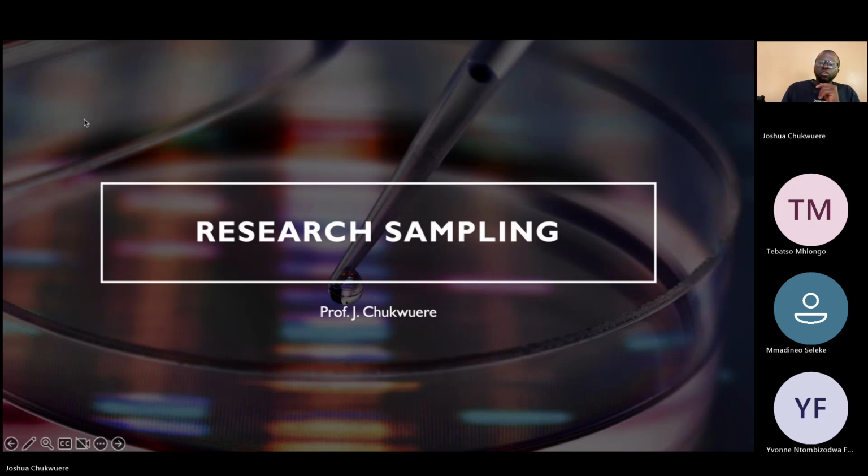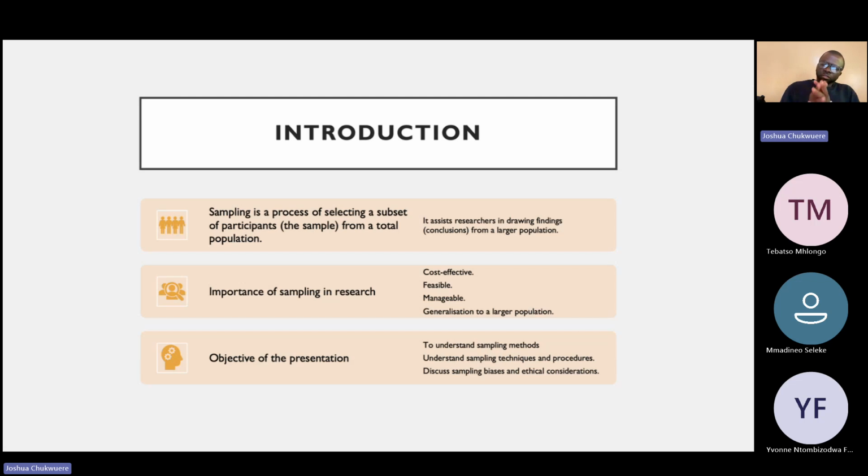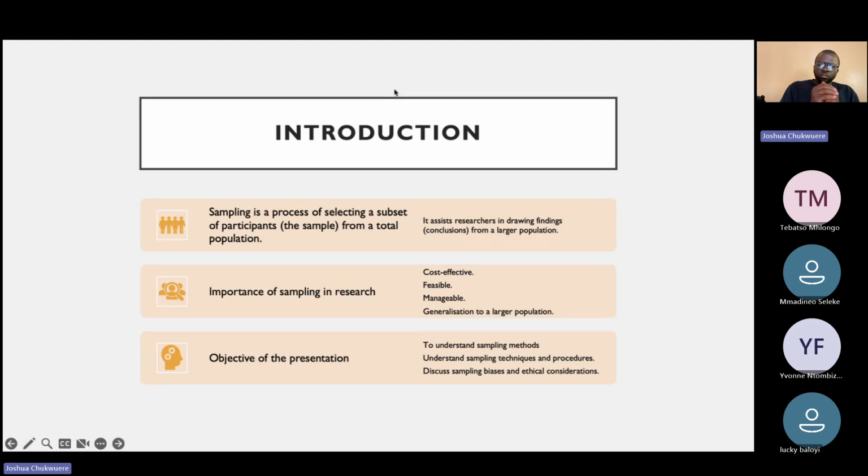Now, when we take it a little bit further, what is research sampling? Here, it says a process of selecting a subset, right? Which was also mentioned by Yvonne, that it involves selecting a subset. And this subset comes from the larger population of your study.